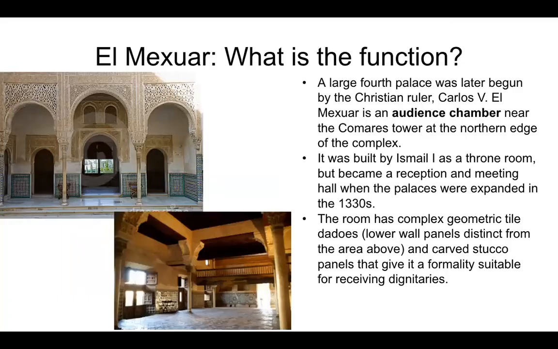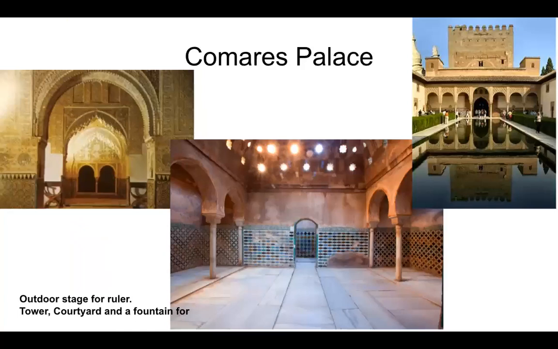The surfaces of the walls are very similar to this Comares one. You see a lot of geometric patterned tile work on the surfaces of the wall. This is the Comares Palace, and this is what it looks like in the interior.